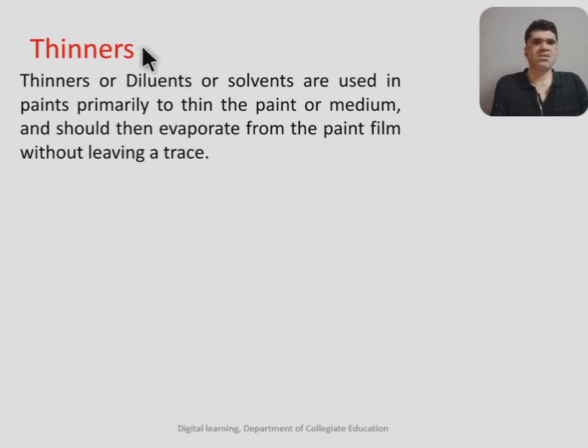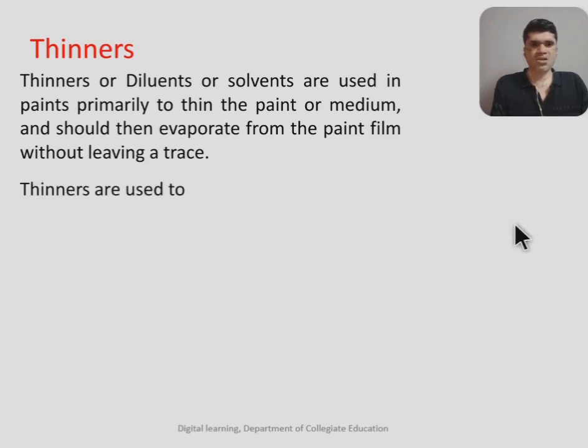That means the thinner is used to dilute the paint while painting, and after the paint is applied, the thinner should evaporate from the paint, leaving the film unaffected. So this is the definition of thinner.